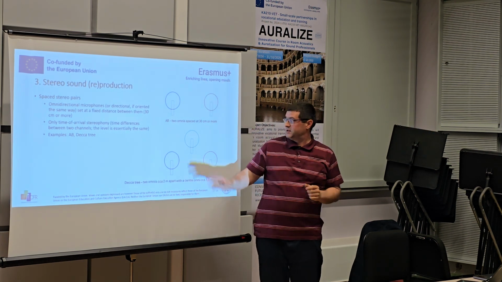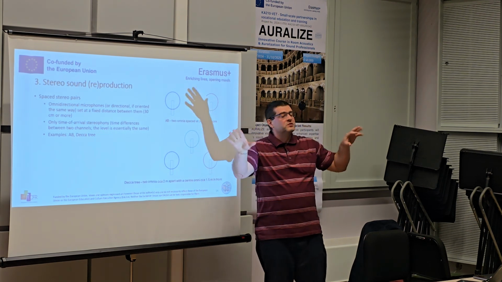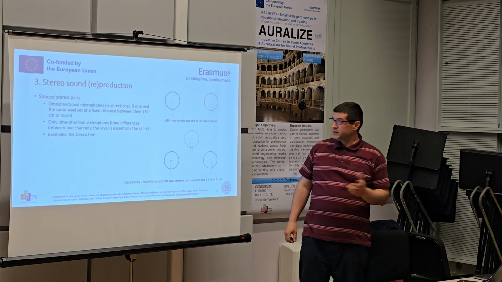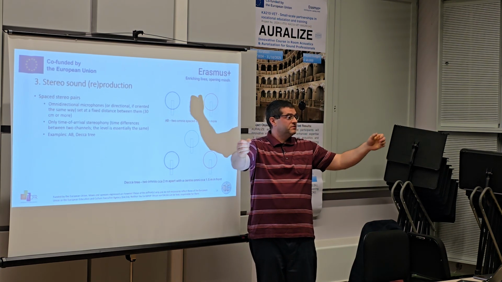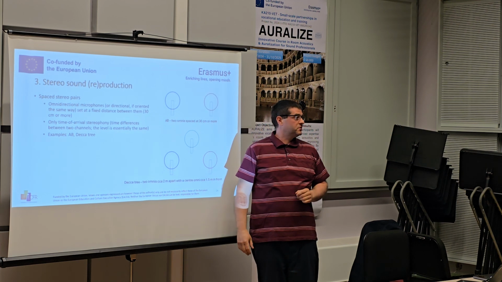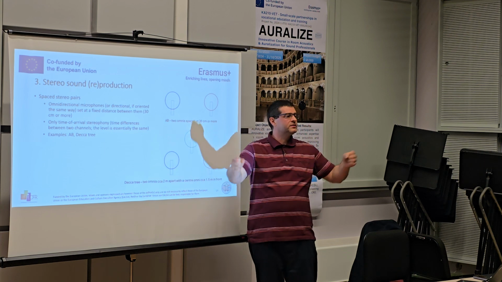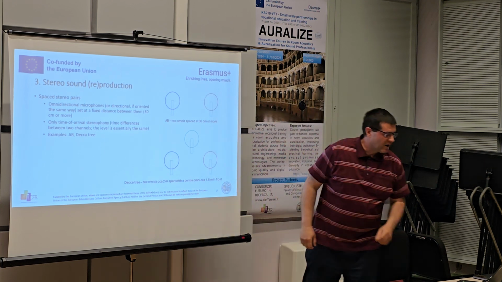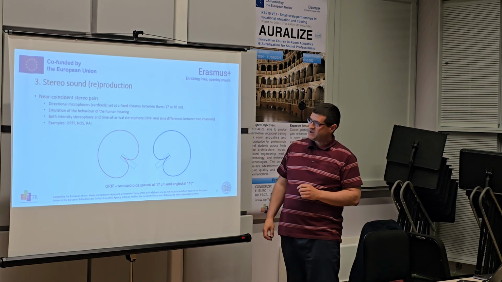So part of it is missing, and that's really why we added a third microphone to fill this hole, so to say. But, as I said, this is only the time of arrival stereophony, so if there is any difference in level, it's so small that it's actually not important here. So the whole thing relies on the difference of the arrival times from the source to both microphones.